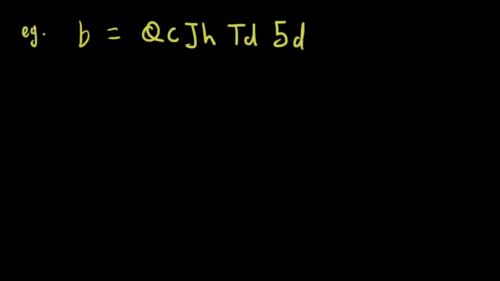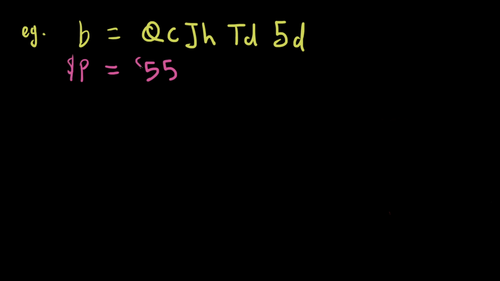In this example, we have the board B equal to the Queen of Clubs, Jack of Hearts, 10 of Diamonds, 5 of Diamonds. We have the starting pot size P equal to 55.